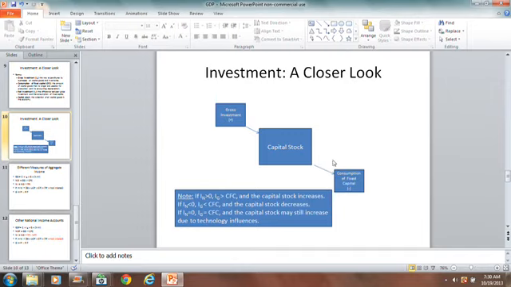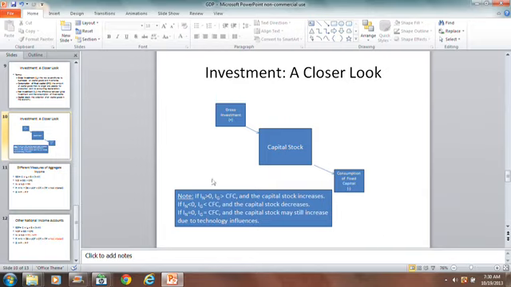And so the CFC is measuring how the capital stock is shrinking. So gross investment is an addition to the capital stock. The CFC represents subtractions from the capital stock. And so if net investment is gross investment minus the CFC, we can see how the capital stock can change potentially in response to this interplay.